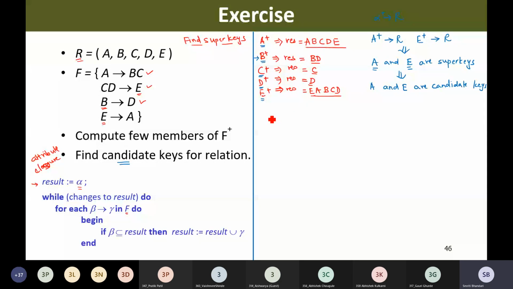Let us try this combination, BC. Let us compute BC plus. So what will we have in BC plus? Find out BC plus.